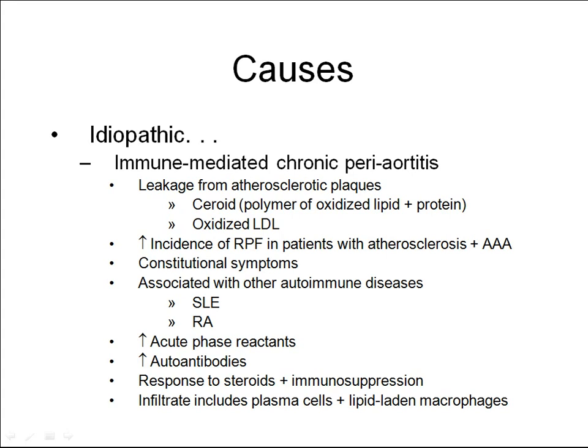This theory is supported by the increased incidence of RPF in patients with atherosclerosis and abdominal aortic aneurysms, the presence of constitutional symptoms, its association with other autoimmune diseases like lupus and rheumatoid arthritis, the increase in acute phase reactants and autoantibodies, its response to steroids and immunosuppression, and the characteristic infiltrate of plasma cells and lipid-laden macrophages seen in immune processes.